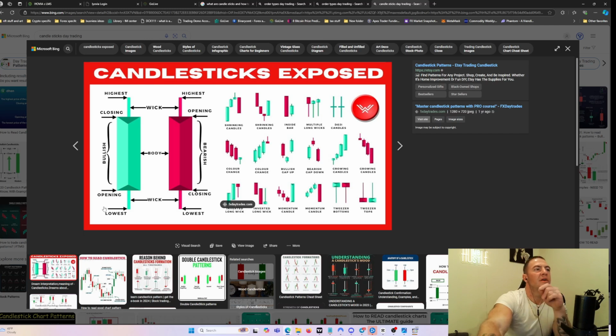So the bottom of the body, well, on the bullish side, is the opening, right? So this is where the candle opens. The price when that candle, say you're on the 15 minute or the 1 hour time frame.